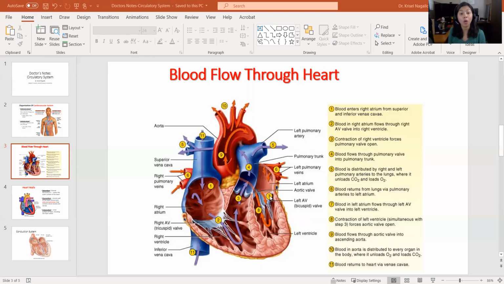Another area where we want to prevent backflow is when those ventricles push blood out into their respective arteries. What those valves are called are the semilunar valves because of the half moon shape that they have on a heart model.